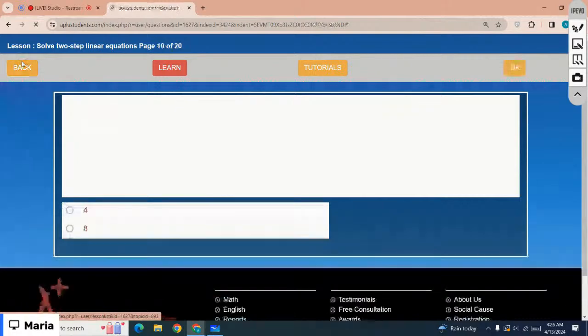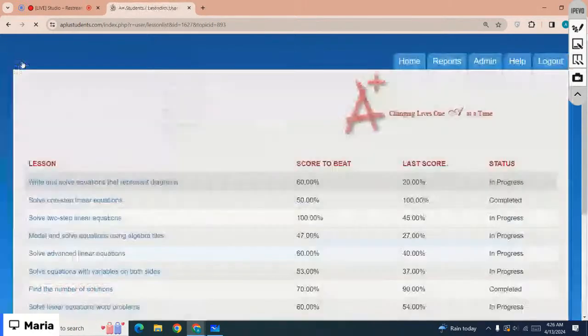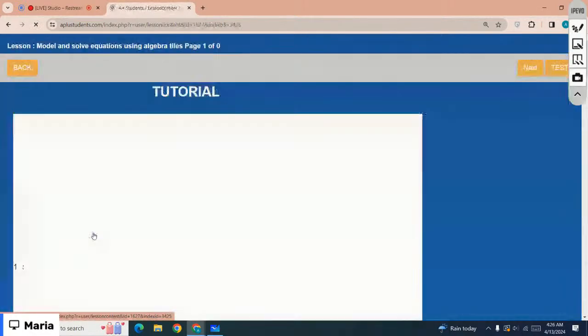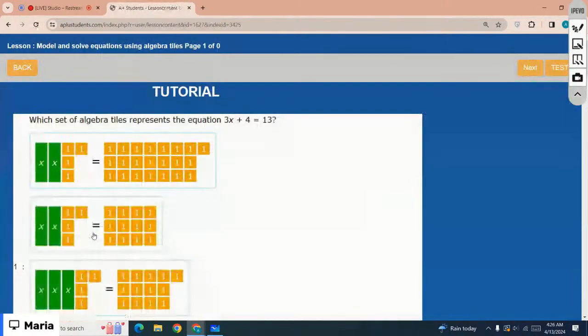And the next lesson is model and solve equations using algebra tiles. Okay, which set of algebra tiles represent the equation 3x plus 4 equals 13, right?